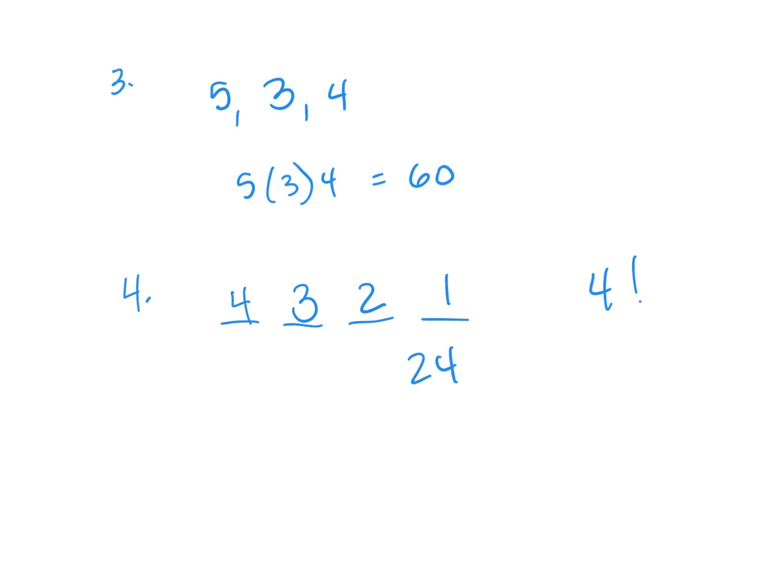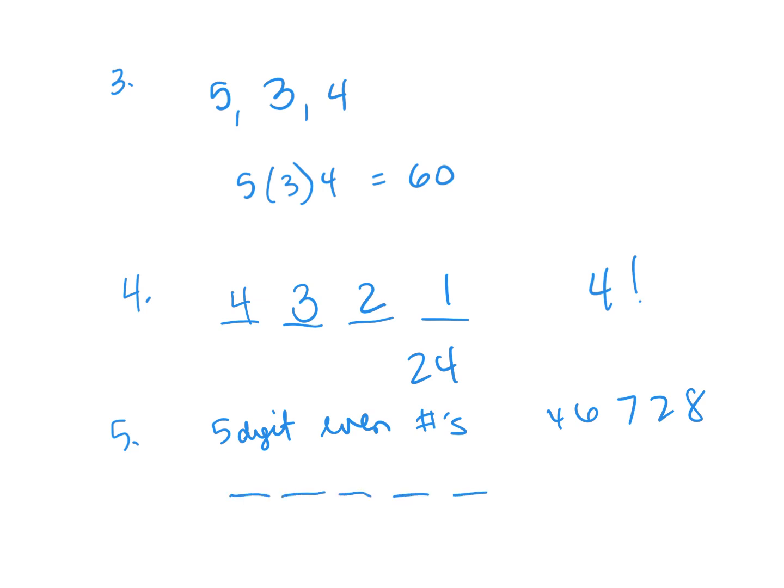Number 5, how many 5-digit even numbers can be formed using the digits 4, 6, 7, 2, and 8 if you can repeat the digits? So let's make our 5 tick marks. It's the easiest way to do it. On the first number, I can use all 5 numbers.